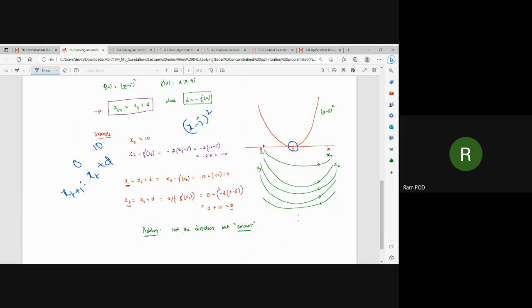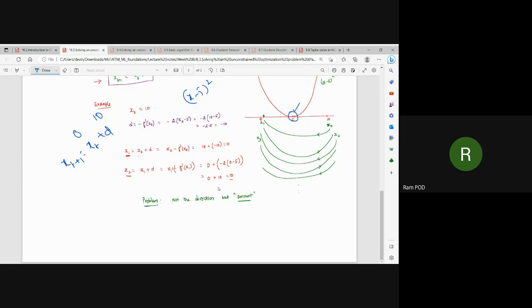From 10, if you compute the same d value, you get d as minus 10, so you'll arrive at 0. So from 0 you arrive at 10, and from 10 you arrive at 0. If you just continue this, you'll just be oscillating between 0 and 10. You'll never actually reach 5. Even though you're moving in the correct direction, you'll just be passing through the solution, but you'll never arrive at it.